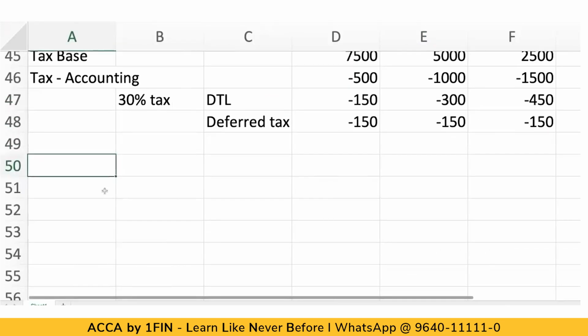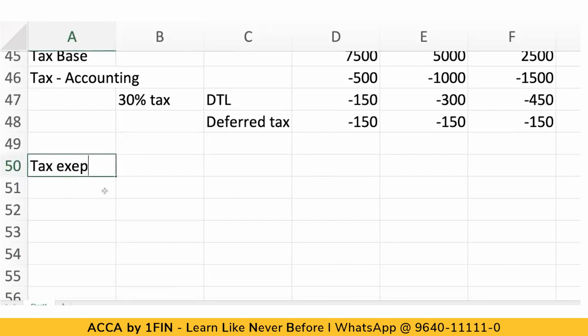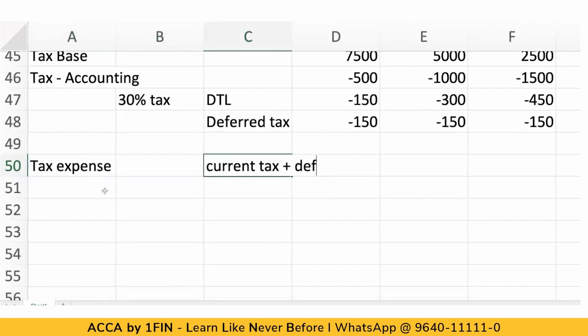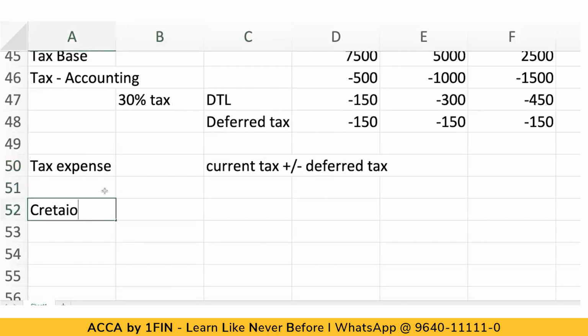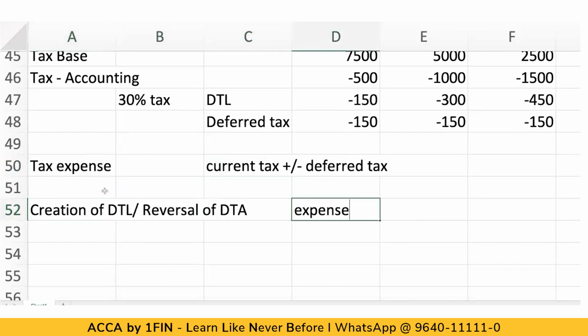Thank you. Now, the way we book, as I told you, tax expense is current tax plus or minus deferred tax. So if it is a creation of DTL or reversal of DTA, it is an expense.